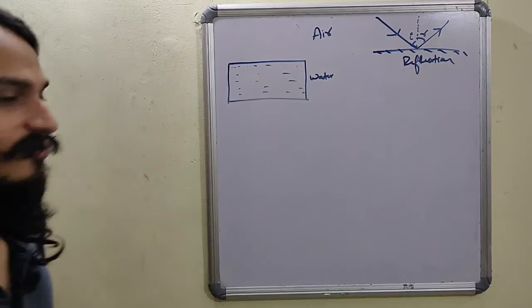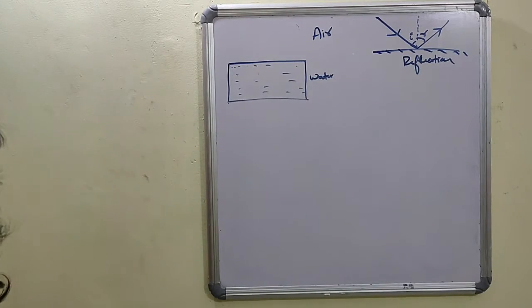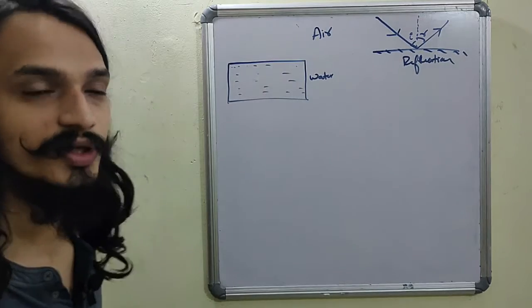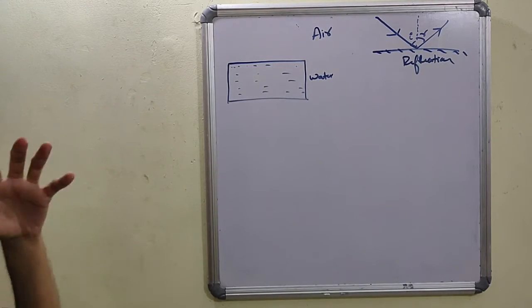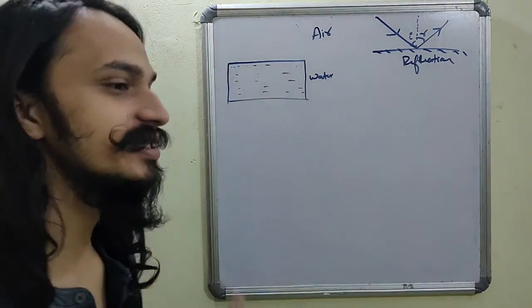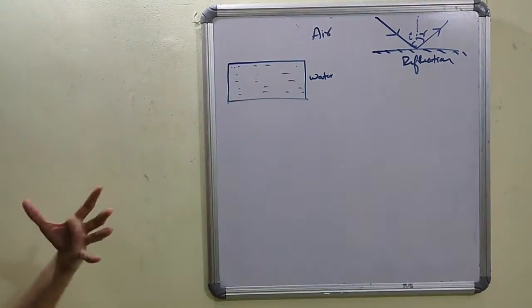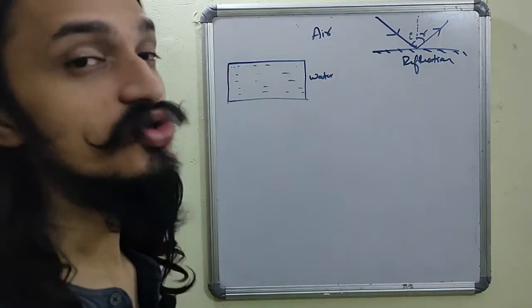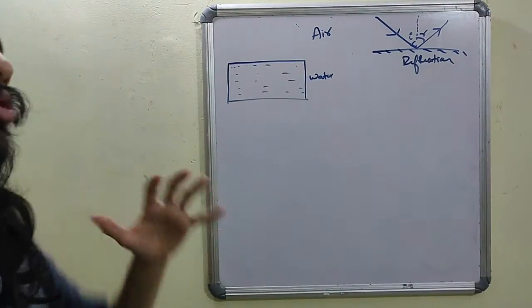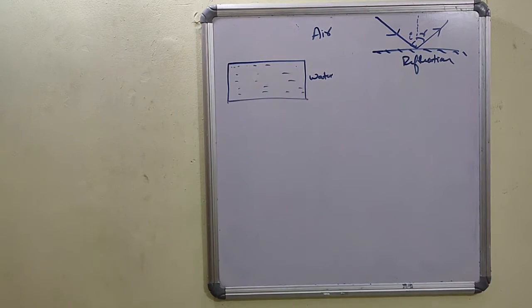Now, the difference between mediums is some are a little free to move in, some are not. Think of it as a road. Whenever the road is empty, it's faster to move. But if the road is a little congested, you have to go slowly, right? Some mediums are more open than the others.